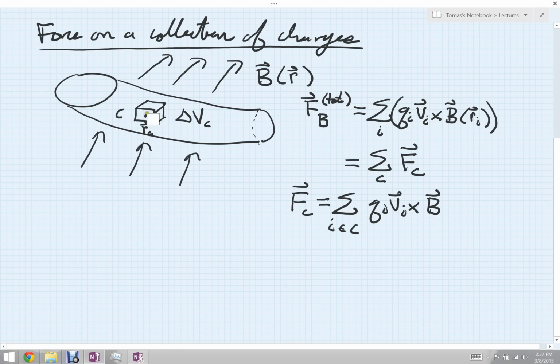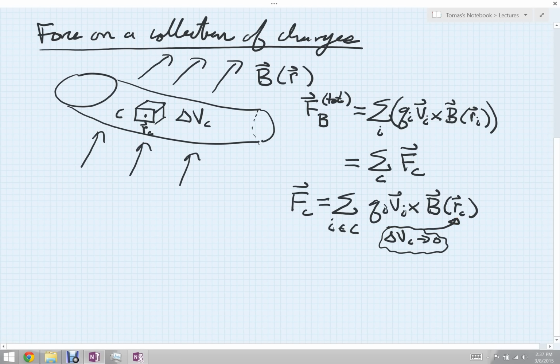It'll be just the magnetic field measured at that point R sub C about which I'm shrinking my chunk. So I can reduce this B to the magnetic field just at the location of that chunk. I can perform this maneuver because eventually I'm going to allow the volumes of my chunks to vanish, and that limit is what allows me to just look at the magnetic field at the middle of my chunk.